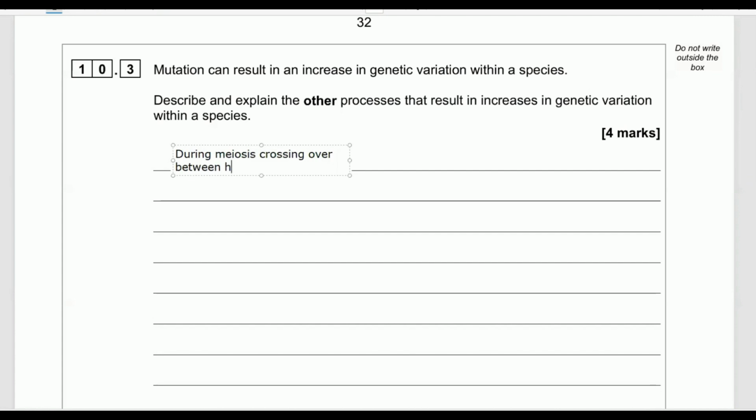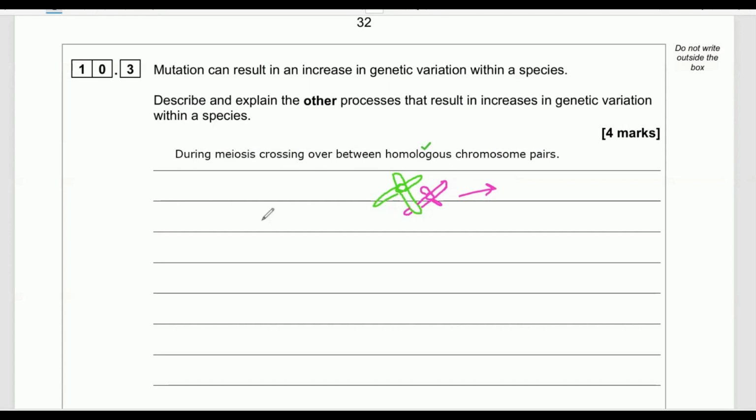So, where do we get variation? You should know this off by heart. This should be the content that's on your revision cards. During meiosis, crossing over between homologous pairs. So crossing over, where does it happen between homologous pairs? That's where you get the chiasmata forming, the little bit where the chromatids wrap around each other and they snap off and swap alleles.